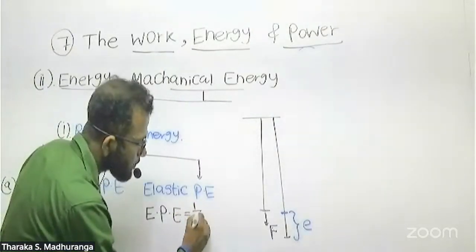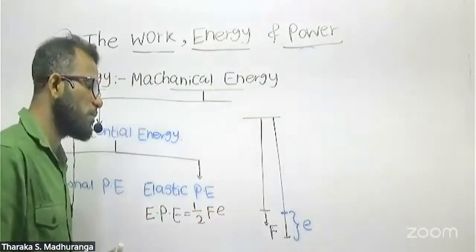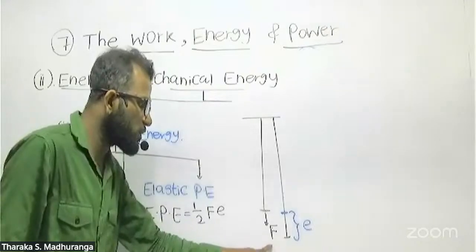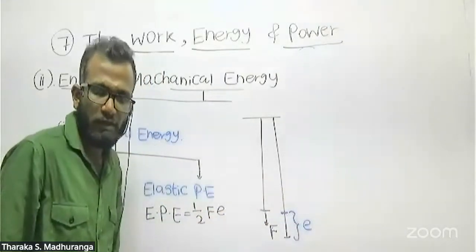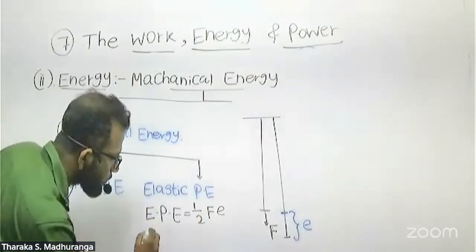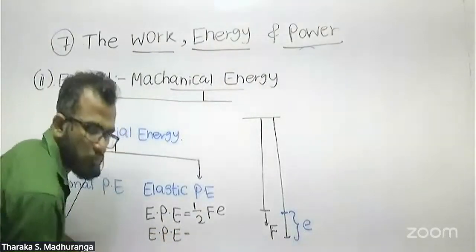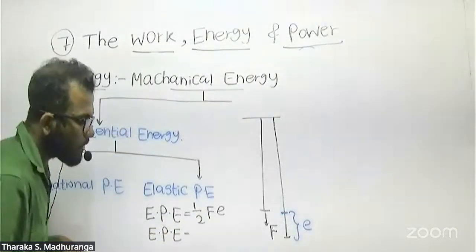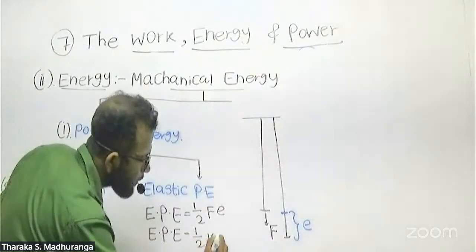Half Fe. Half Fe, where F is the external force given and e is the increase in length. The elastic potential energy, we have another equation as well: half K e squared.